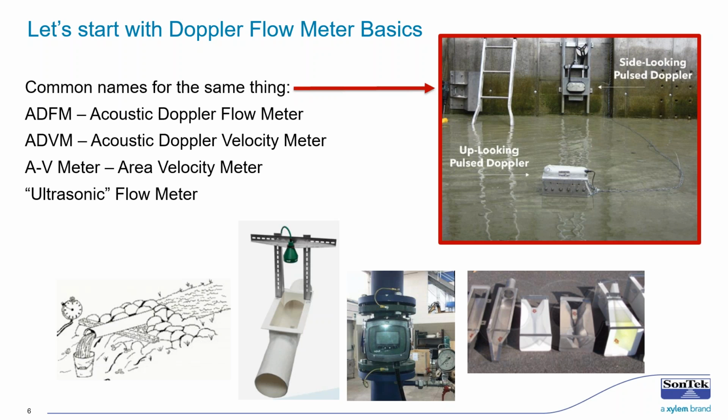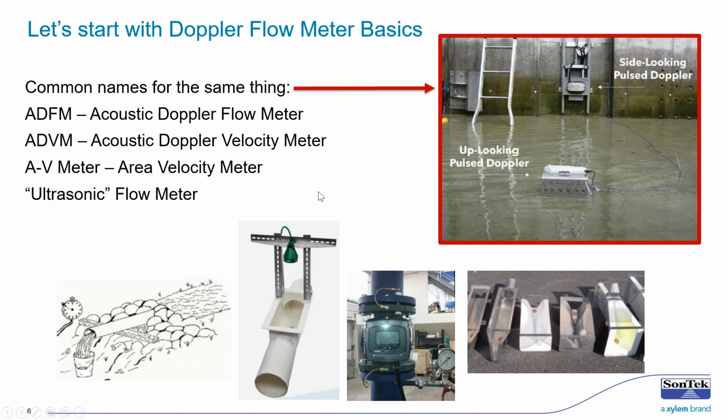They're all the same thing. They're all acoustic meters that go under the water. The one exception is, and this is why I don't like to use the word ultrasonic very much, that ultrasonic can also be used for the kinds of meters that sit above the water. And I have a picture of one there that's sitting above a pipe flow.